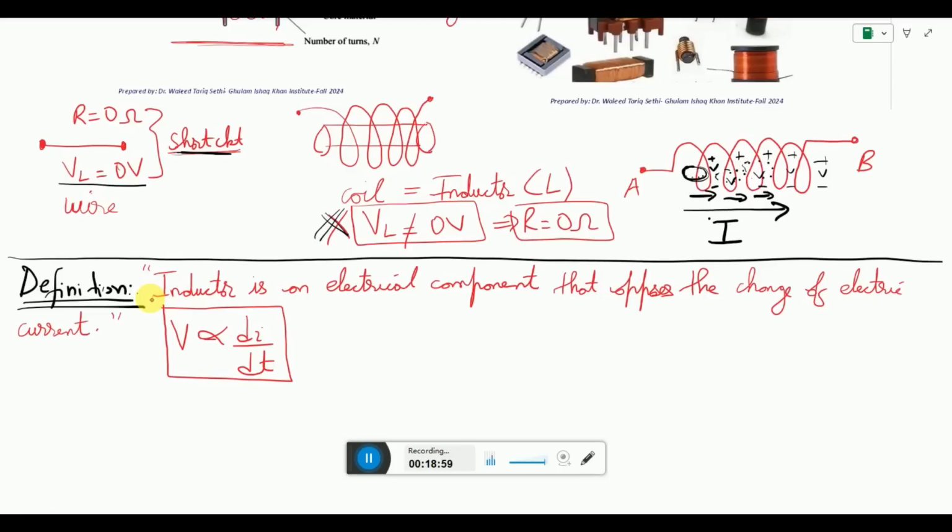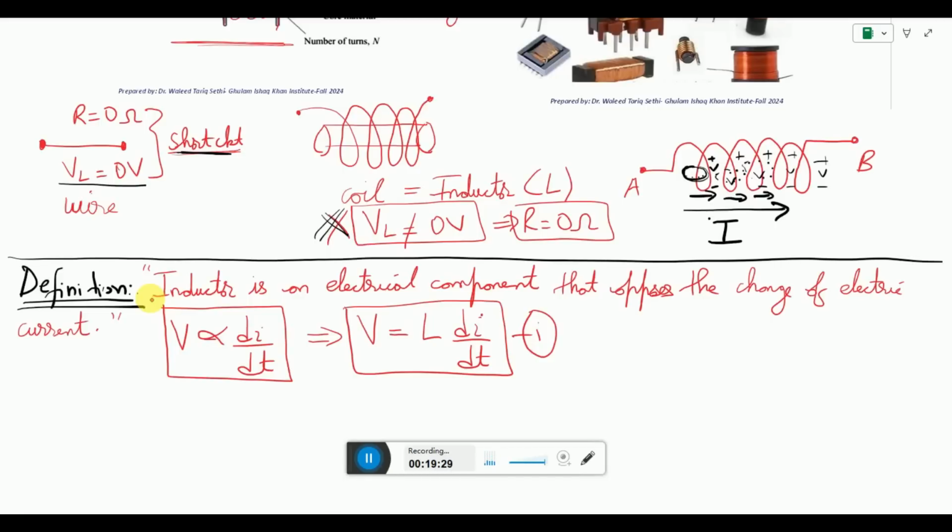If we further simplify this equation to get rid of the proportionality sign, voltage is equal to L multiplied by the change of current, di by dt. This equation, equation 1, is very important when we are talking about inductors. Whenever we have an inductor placed inside any electrical circuit, we are interested in finding the voltage induced by it, and equation 1 represents the mathematical expression of the working of an inductor.